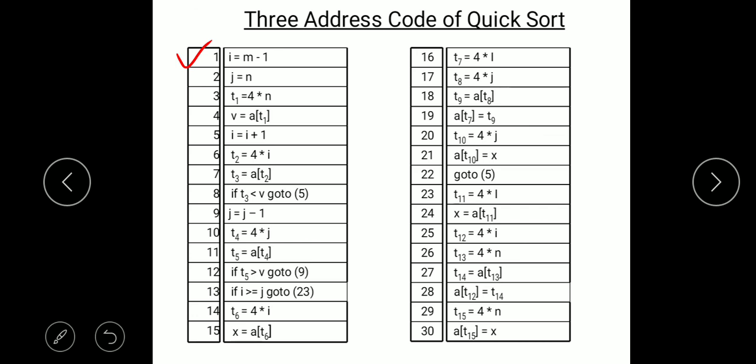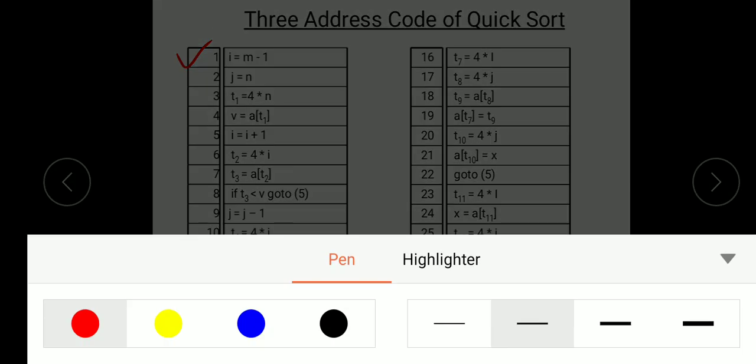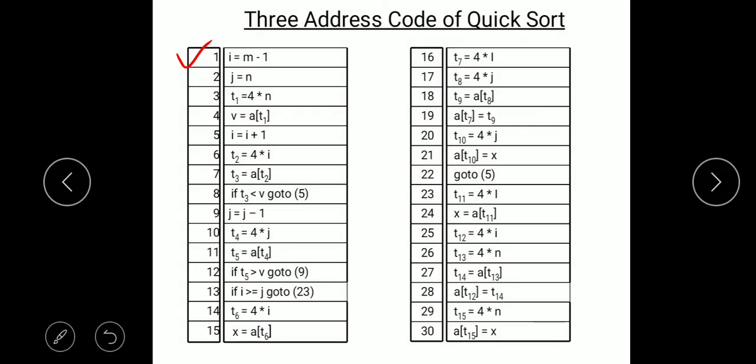So first of all try to find out where the various go to statements, conditional or unconditional, are. Look here, this is a statement, this is a statement, and this is a statement. We are having four go to statements. And rule number 2 says the target of a conditional or unconditional go to would be a leader statement.